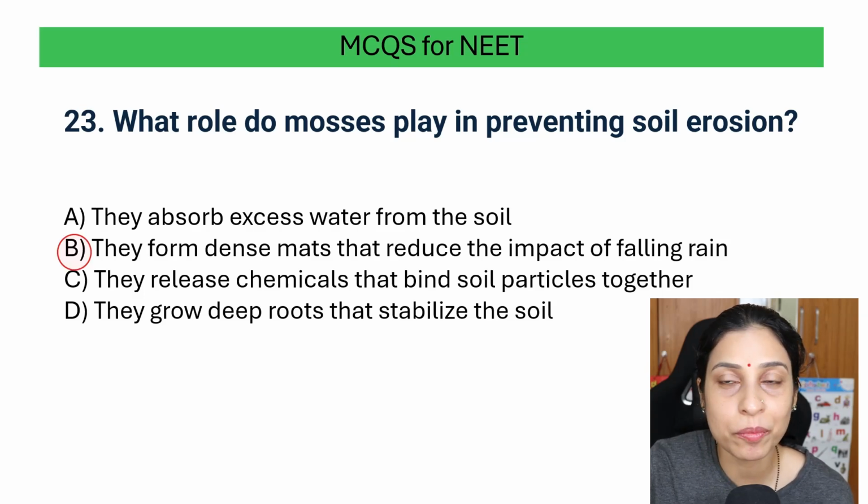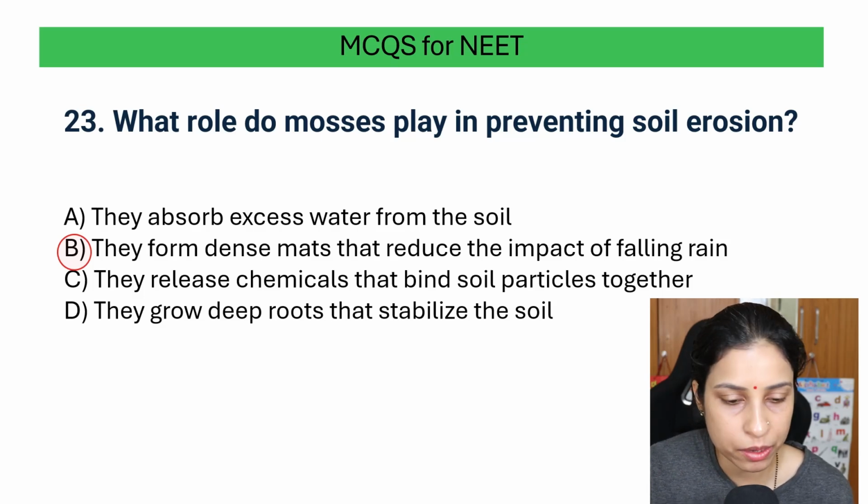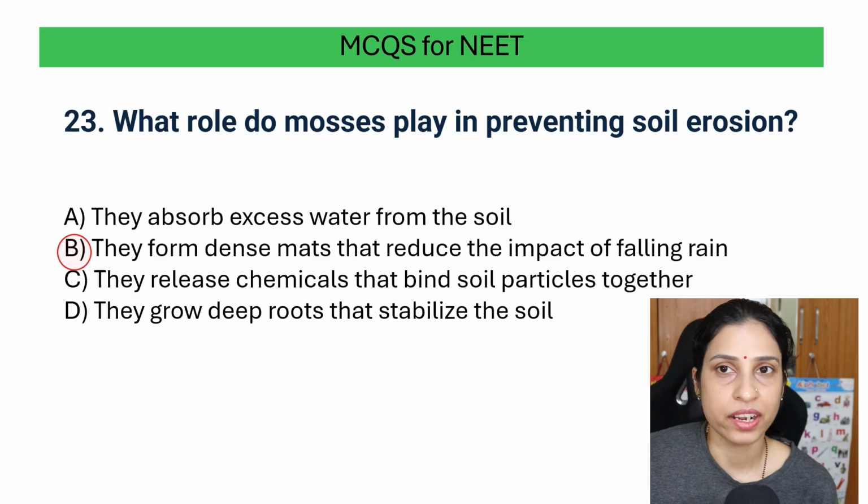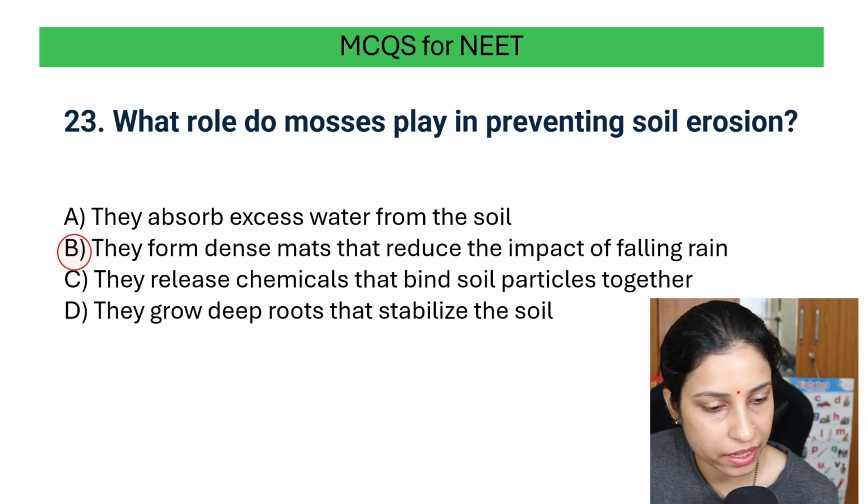Option B is correct because they form a mat-like structure on the soil, so if rain falls, the impact of the rain is reduced and soil erosion can be prevented. They form the dense mat and reduce the impact of falling rain. Option B is the correct answer.